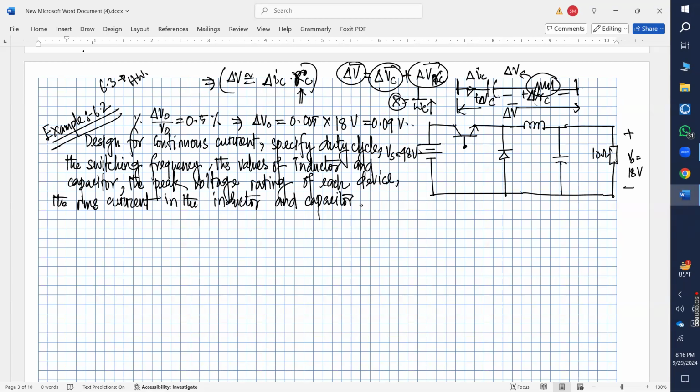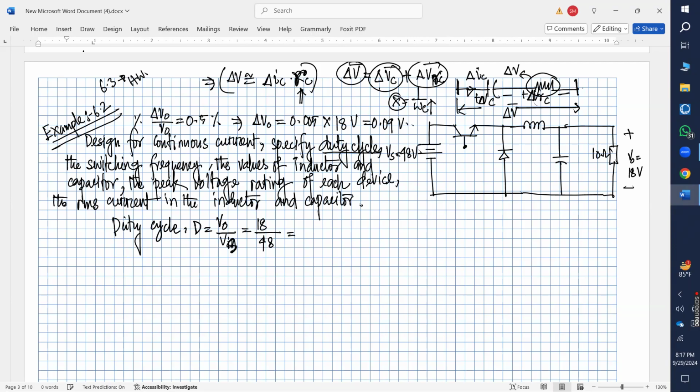So now, if I want to see the duty cycle, what should be my duty cycle? Sir, output voltage divided by the source voltage. So that is very easy, right? Output over input, or it should be Vs. So your output is 18 volt. Your input is 48 volt.